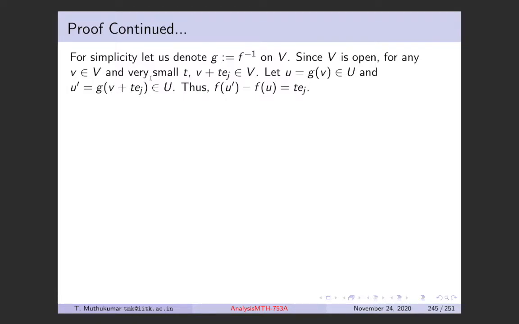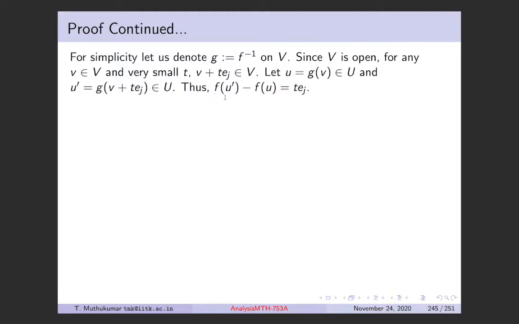So you take an element v, and translate it by a very small t along the jth direction, such that it's still in V. That means you can compute g of v and g of v plus t e_j, call them u and u prime, which are sitting in capital U.